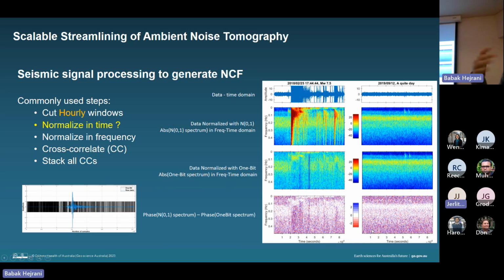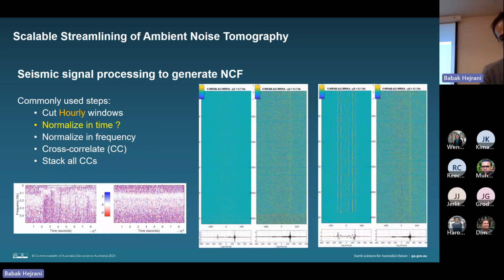One-bit normalization has completely altered the phase of the signal, basically damaging it, and that damage is way more visible when we have an earthquake. So I think that's the conclusion here: we should not be using one-bit normalization. That is very clear in the previous example that I showed. If you use one-bit normalization, you lose the signal below 0.1 hertz.